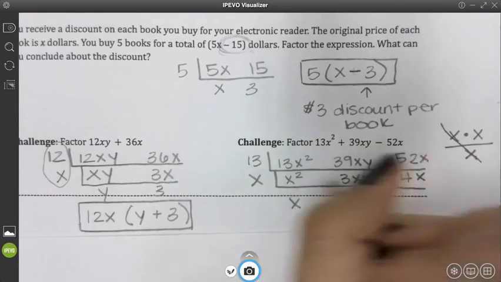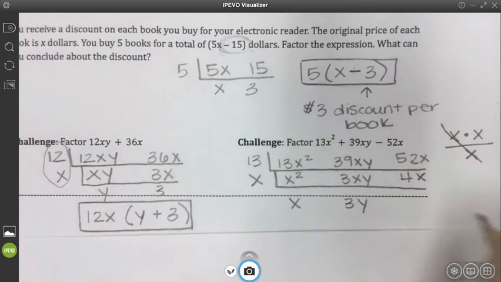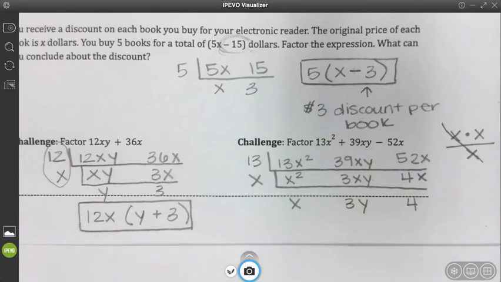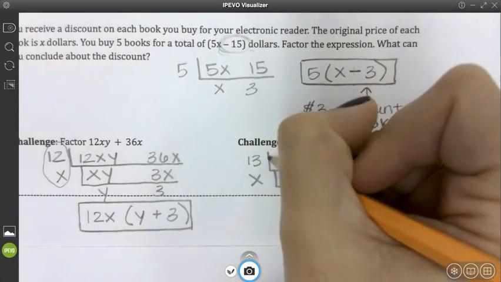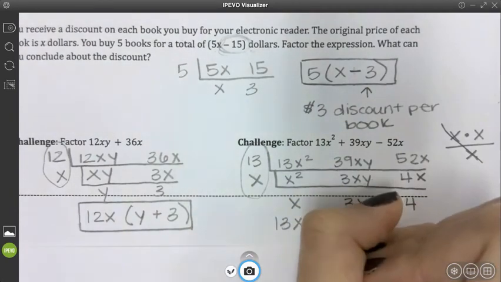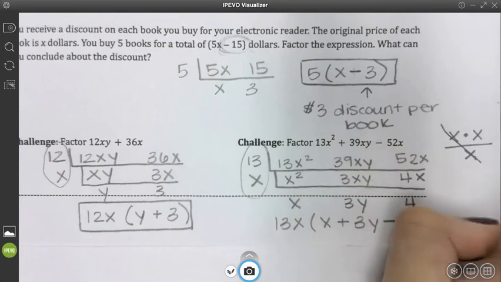Okay, 3xy, if we factor out an x, we're left with 3y. And 4x, factor out an x, we're left with 4. So our final answer is 13x times x plus 3y minus 4.